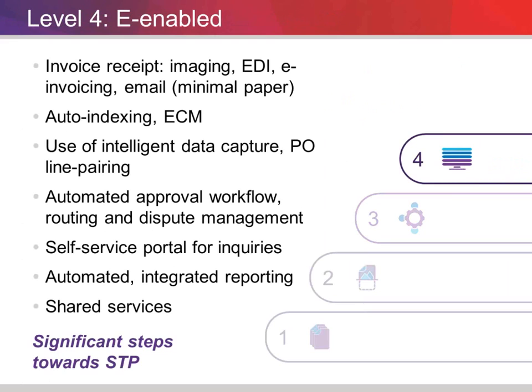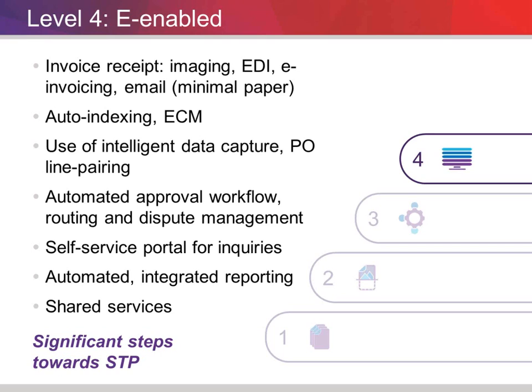And E-enabled doesn't necessarily mean just electronic invoicing. This is an electronic environment where you have the ability to receive invoices via imaging, EDI, e-invoicing, email, with as little paper as possible.